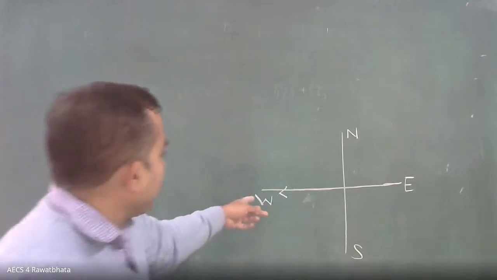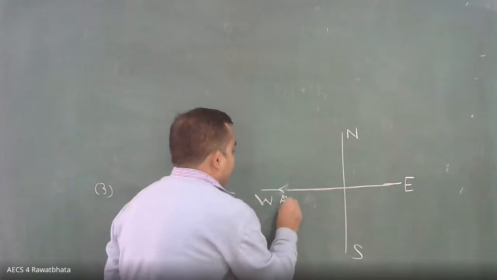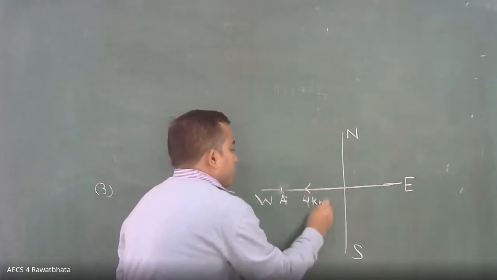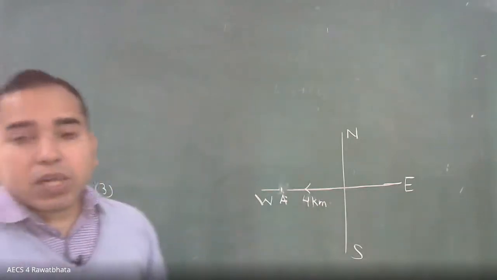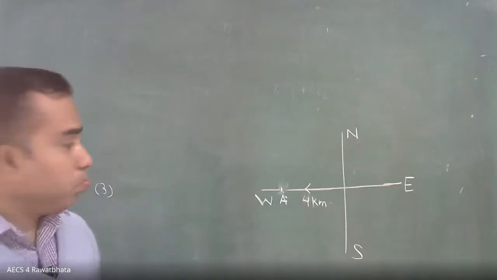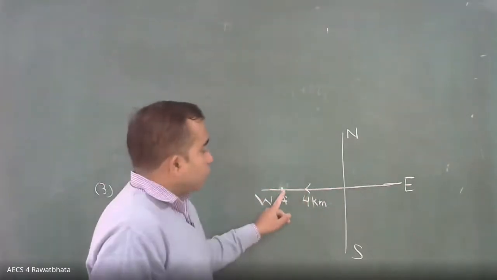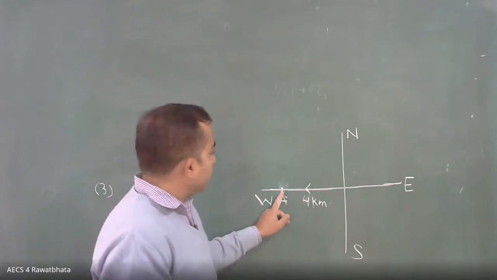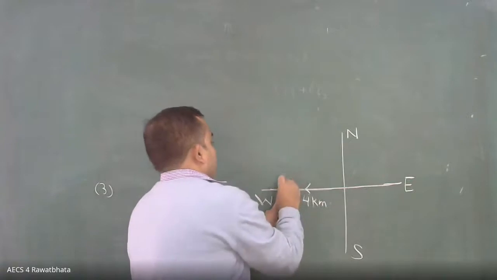So 4 kilometers, make an arrow, give some name to this point, let it be capital A, and these are 4 kilometers. The next line says, then she walks 3 kilometers in the direction of 30 degrees east of north. Means after reaching there, she walks in which direction? East of north. Where is north? This is north.